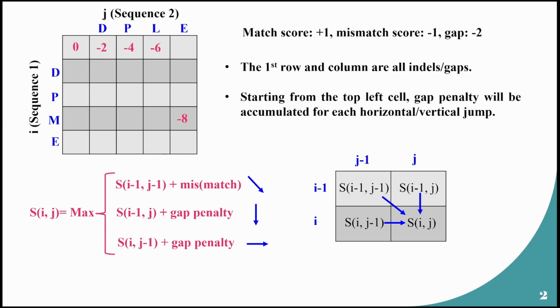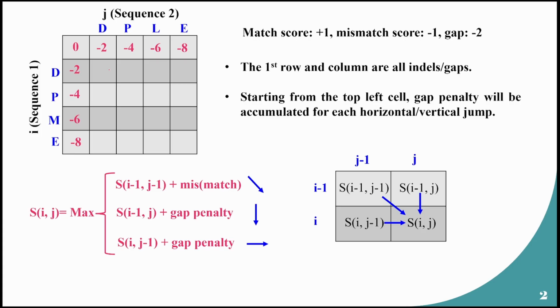The gap penalties indicate indels, insertions or deletions, which are highly unfavorable by nature. We continuously accumulate the gap penalties one after another, because one gap indicates -2, and if there is a next gap, meaning two gaps are present together, we accumulate the penalties, whether it jumps vertically or horizontally.